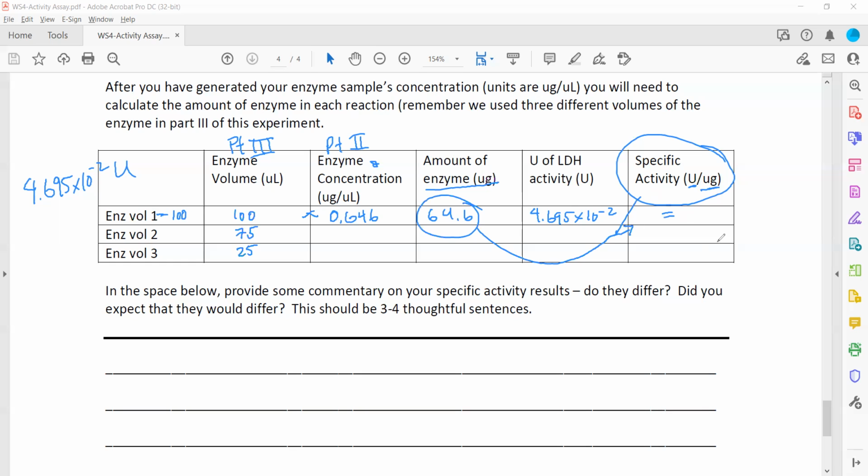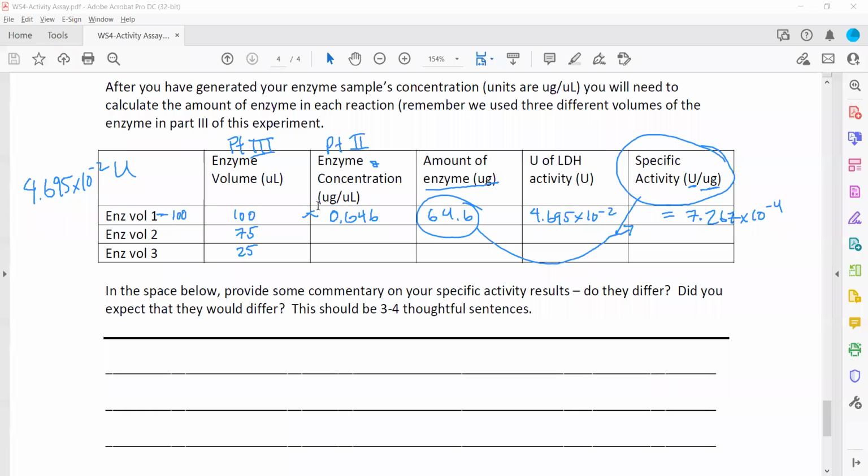So 4.695 divided by 64.6, and that gives me a specific activity of 7.267 times 10 to the negative fourth.